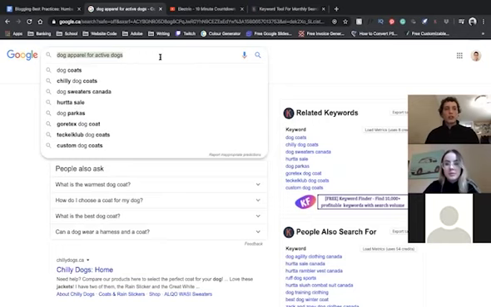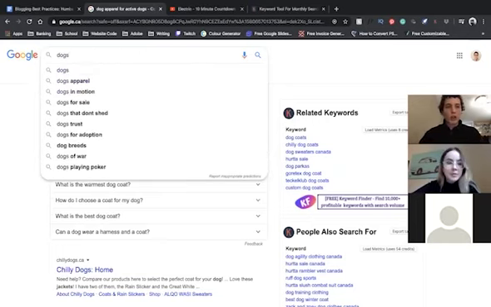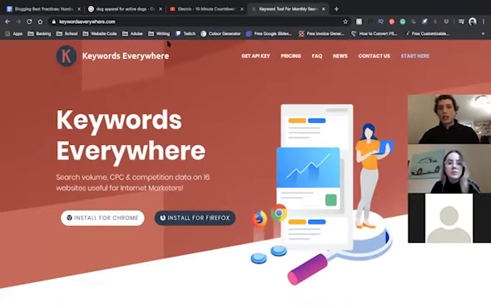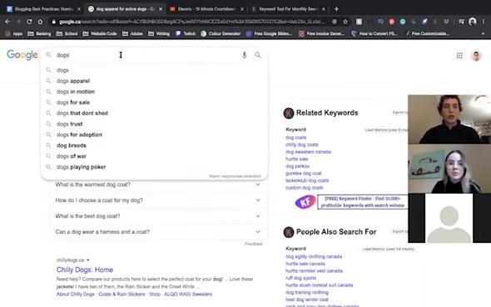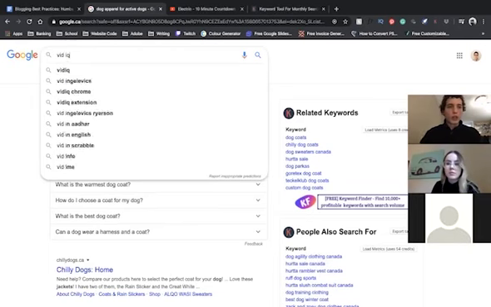So for market research, we covered that you can simply type in a word like dogs, and you can see suggestions right there. Dogs apparel, dogs in motion. The next, we said download the Keywords Everywhere tool, install that extension, and you're going to be able to get even more ideas on everything you search. There's also one for YouTube called vidIQ.